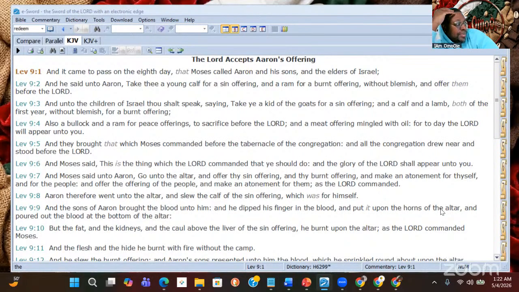And he said unto Aharon, take thee a young calf for a sin offering, and a ram for a burnt offering, without blemish, and offer them before Jehovah.